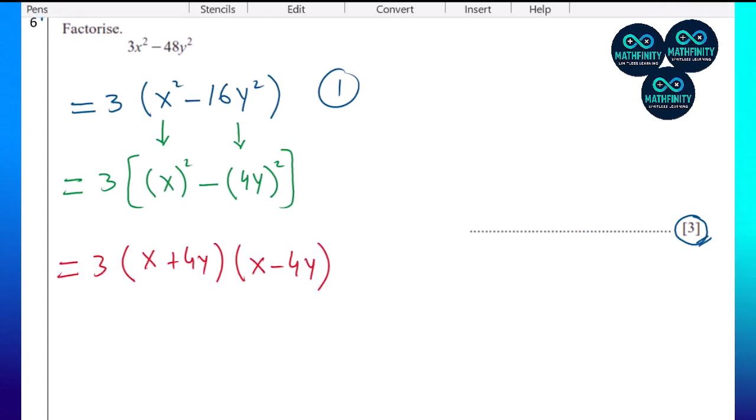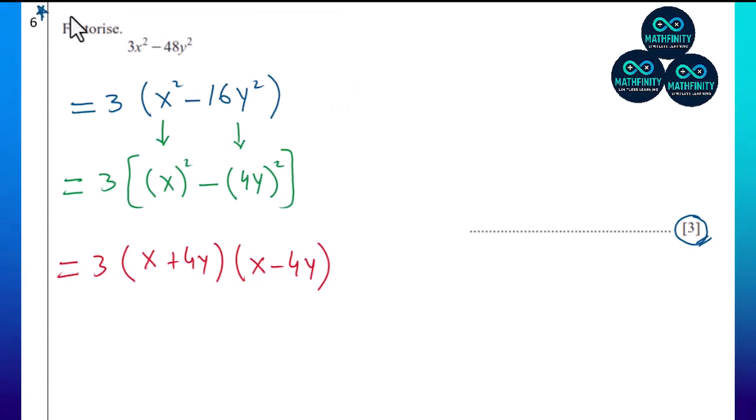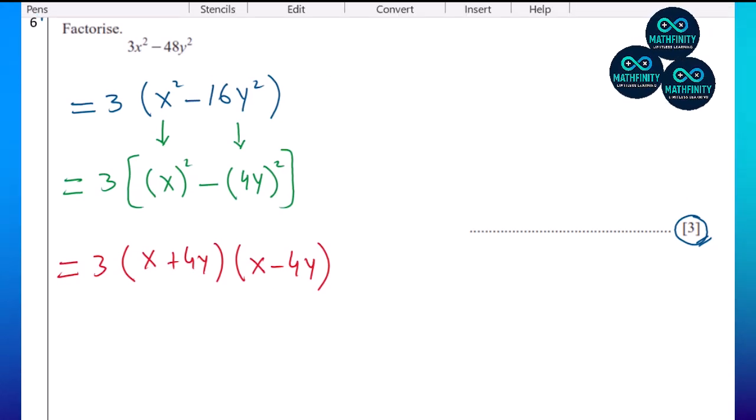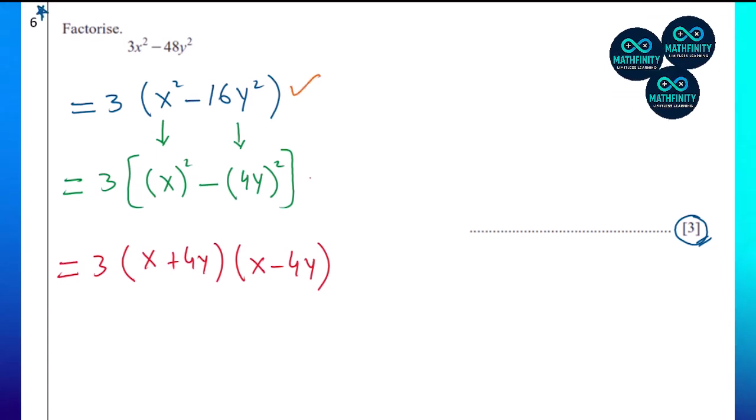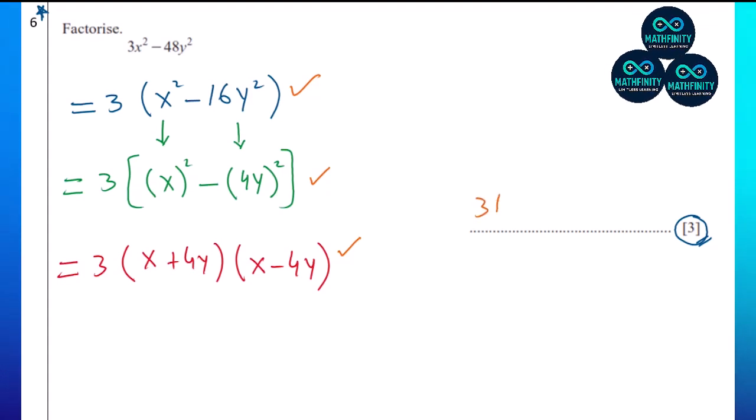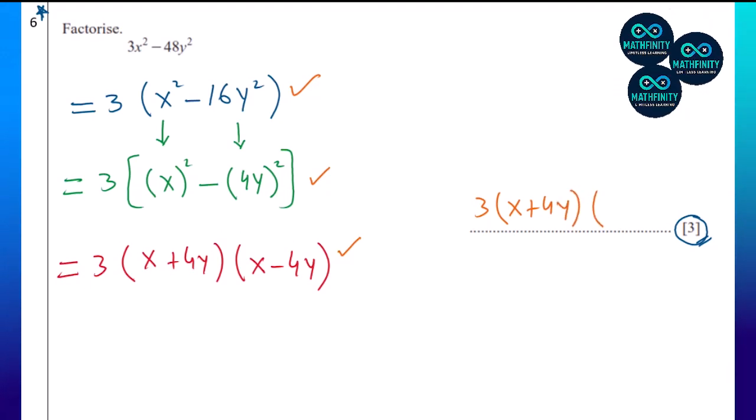Please note it down: whenever you have a question to factorize two terms and the marks are 3, it means you have to apply both rules. First take out the common, then try to complete the square and apply that rule. So the final answer is x plus 4y and x minus 4y.